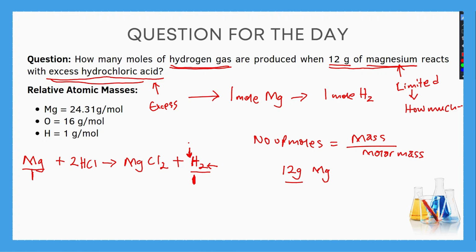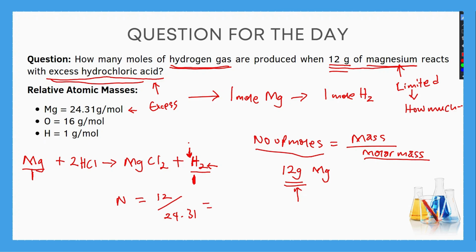So now we want to convert these 12 grams into number of moles. Number of moles n will be equal to, what is the mass? We've been given 12 grams. 12 all over the molar mass of magnesium, which in this case is 24.31.